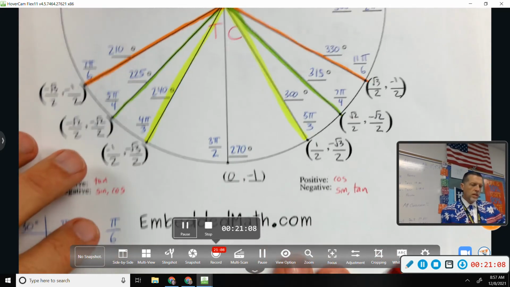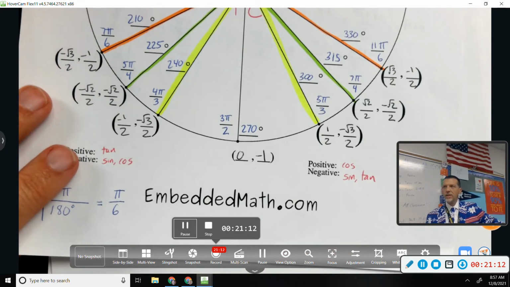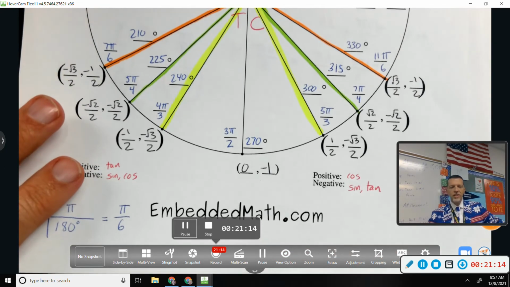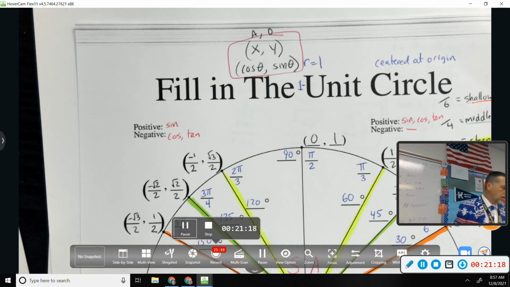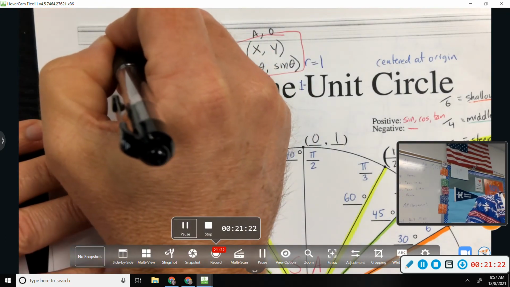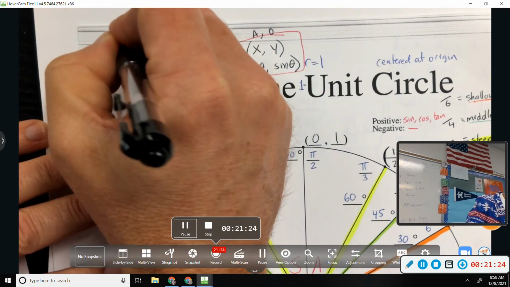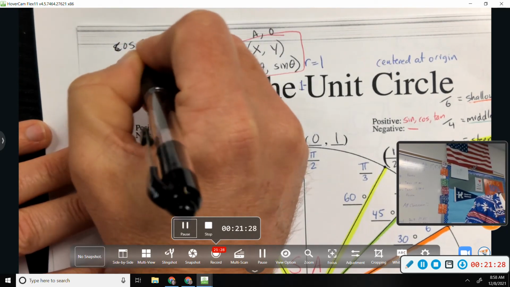All right, we've mentioned tangent a couple times, but tangent is not on the graph anywhere. Cosine of theta is the x-coordinate, sine of theta is the y-coordinate.